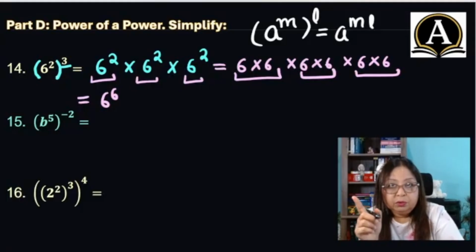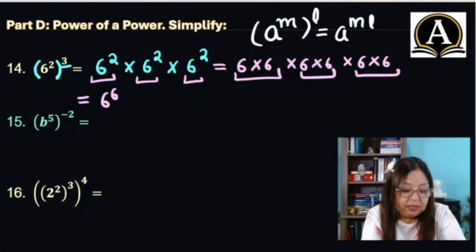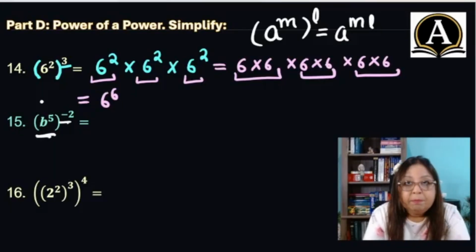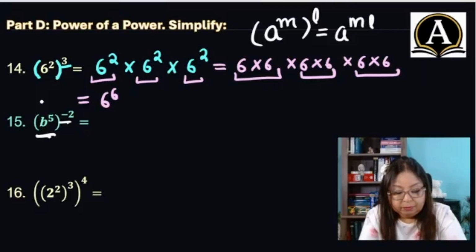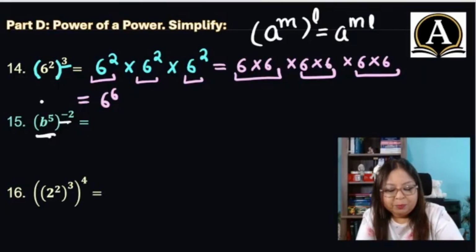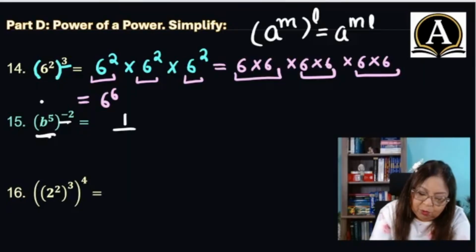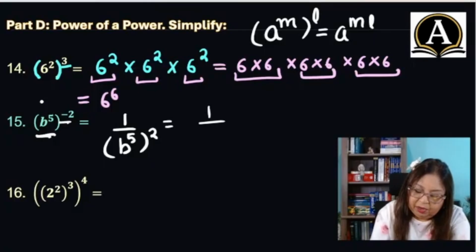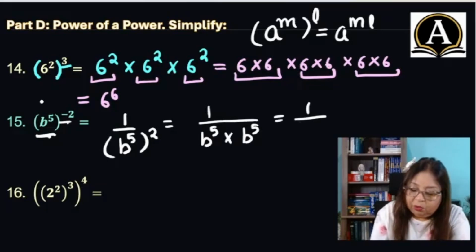So now that you know the rule, what would be the answer for number 15? B to the power 5 to the power minus 2. Just to show you explicitly, what it means is this: 1 over b to the power 5 squared, which means 1 over b to the power 5 times b to the power 5, which is 1 over b to the power 10.